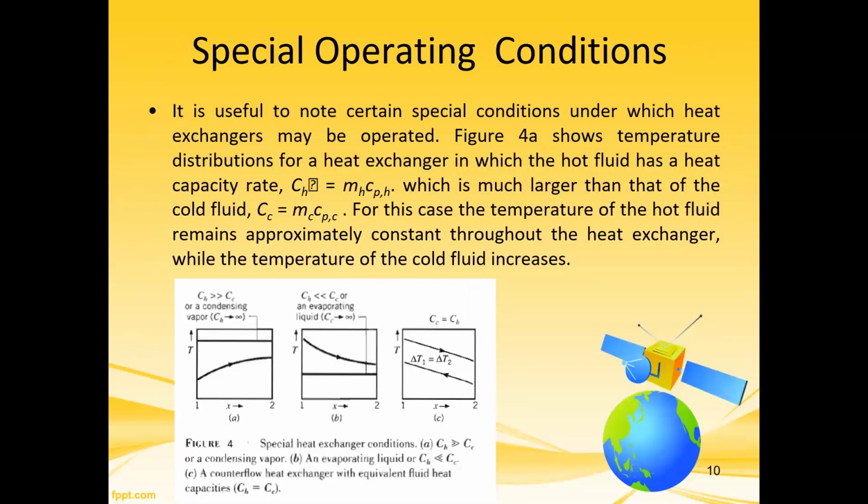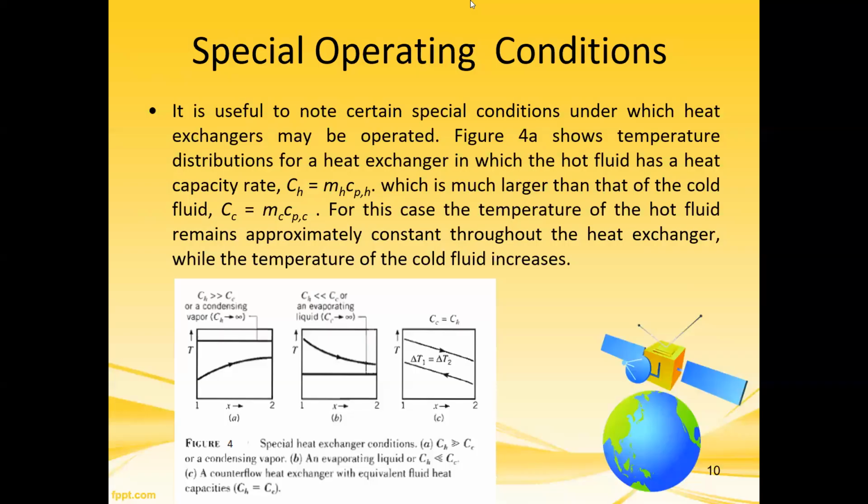Now, special operating conditions. It is useful to note certain special conditions under which heat exchangers may be operated. Figure 4a shows the temperature distribution for a heat exchanger in which the hot fluid has a heat capacity rate Ch = mh cp,h, which is much larger than that of the cold fluid, Cc = mc cp,c.